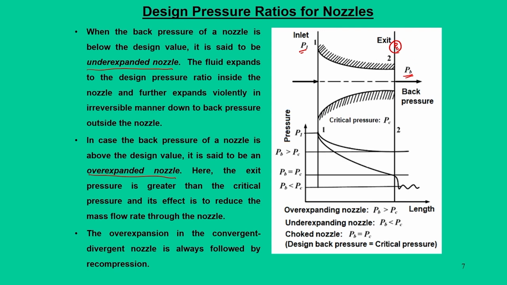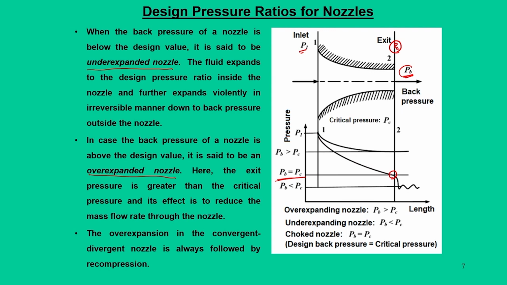So, when PB is equal to PC, the flow expands and the pressure drops until this exit point. Since the back pressure is maintained at the exit condition of the nozzle, that is the design condition of the nozzle, and we say that the flow is choked and it will follow this graph.